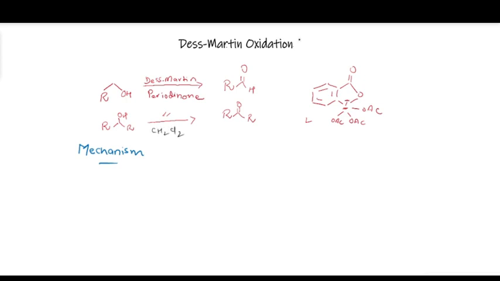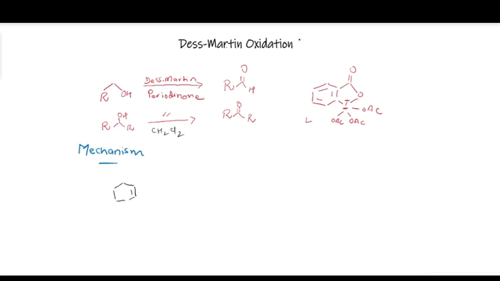Because of its mild nature, primary alcohols are not over-oxidized to carboxylic acid, but the reaction stops at aldehyde, and more importantly, it does not affect other functional groups present in the molecule. So let's see how the mechanism of the reaction goes.